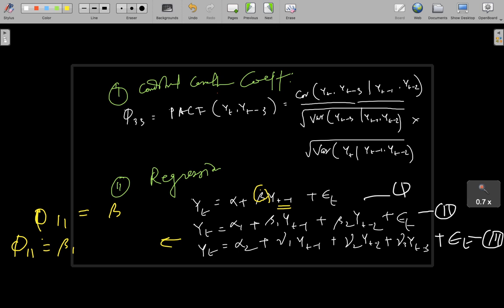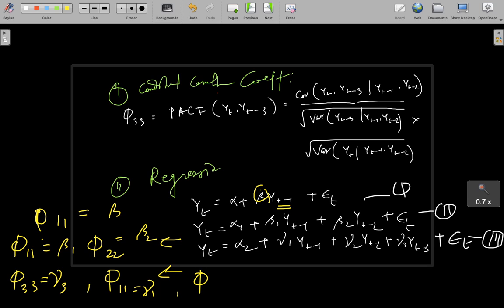But if I want phi 2 2, then I have beta 2. In the third equation, if I want to get phi 3 3, I get gamma 3. If I want phi 1 1, I get gamma 1, or phi 2 2, I get gamma 2.